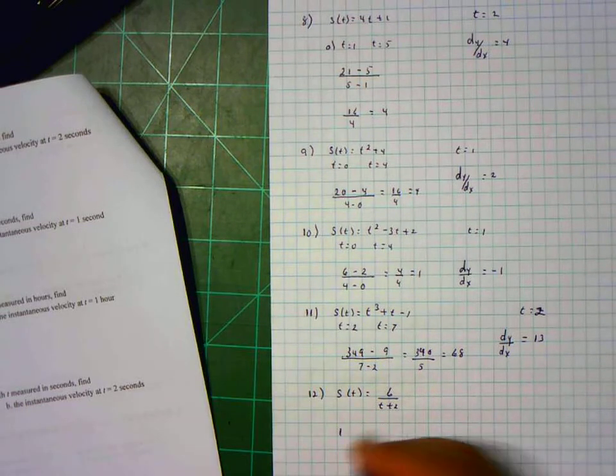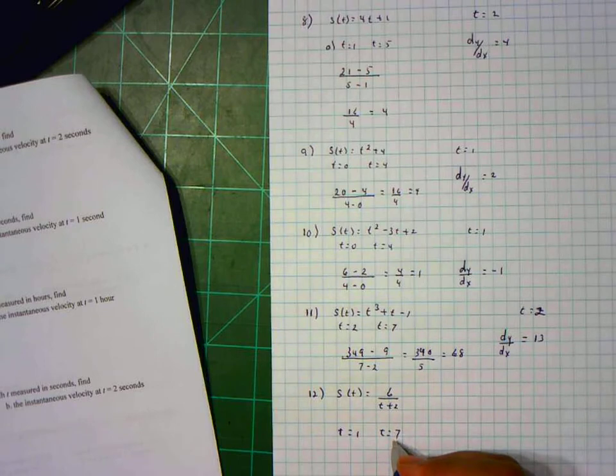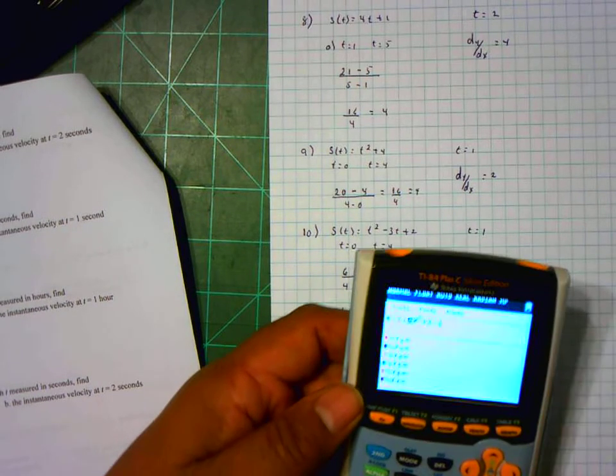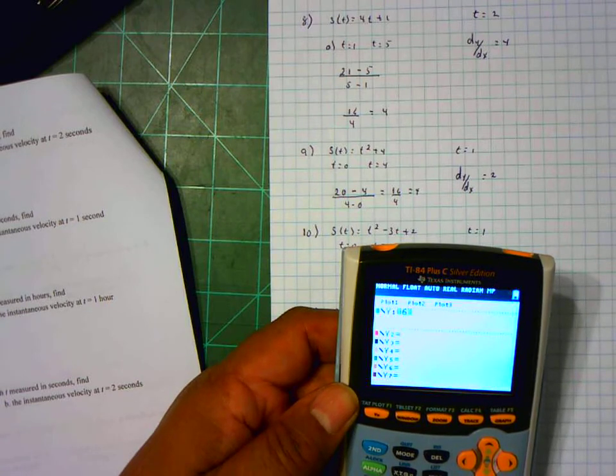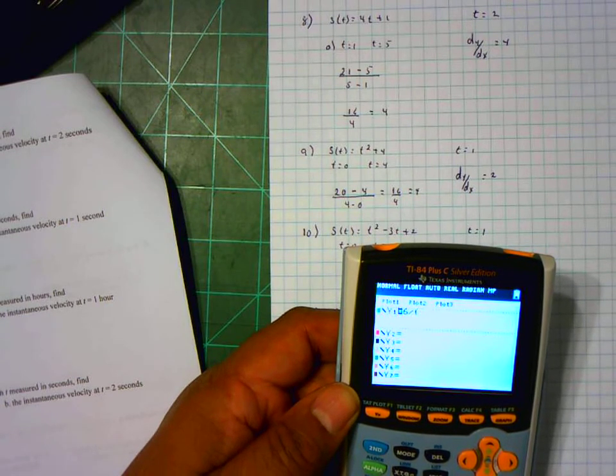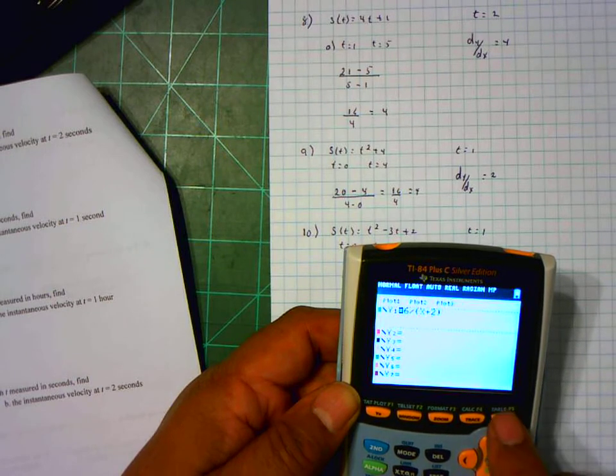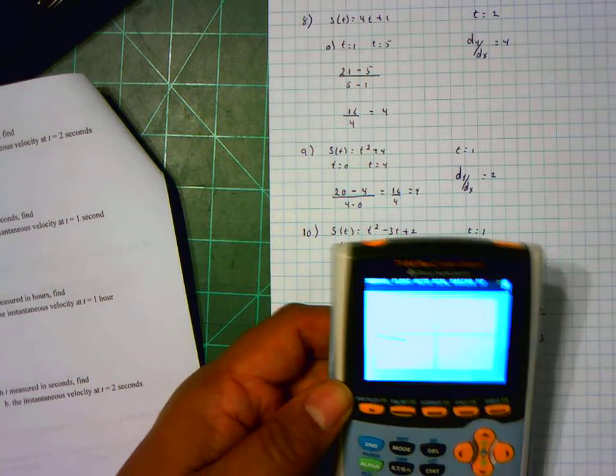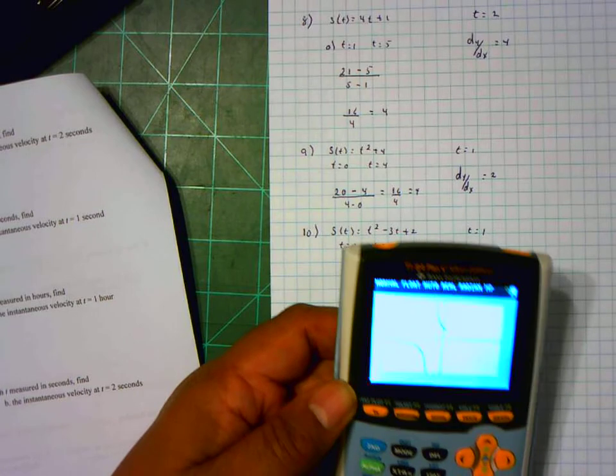So I'm going to go from t equals 1 to t equals 7 for the average. So let's go to the equation editor, clear it out, and 6 divided by x plus 2. I'm going to graph that, and I get this.